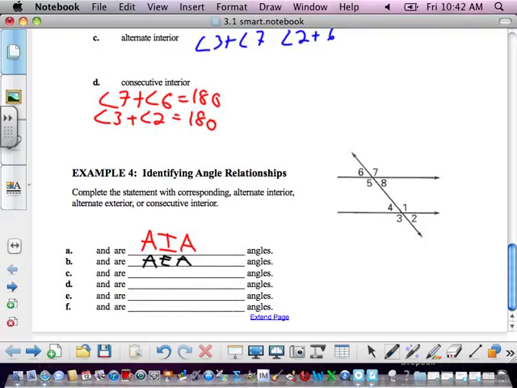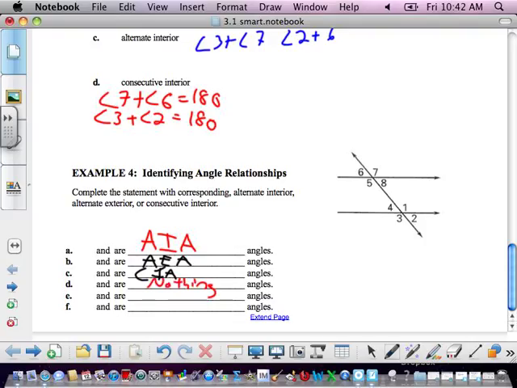What about 1 and 8? No, they're both inside, right? So they're consecutive interior, yep, CIA. 7 and 2. That one's tricky. What are 7 and 2? No, they're not alternate exterior because they're both on the same side. They're not corresponding because one's on top, one's on bottom. They have nothing.